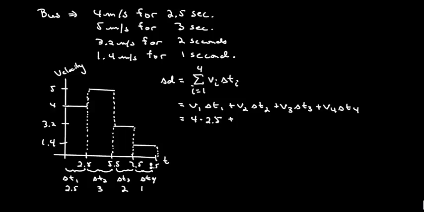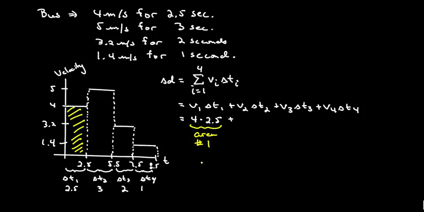Now what is this really? That's the height of 4 times the length of 2.5. So what we're calculating there is really the area under the velocity curve. This is the area under the first section, area number 1. That's really important because later we're going to have velocity curves and ask how far a particle traveled.